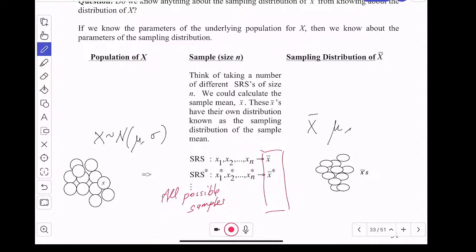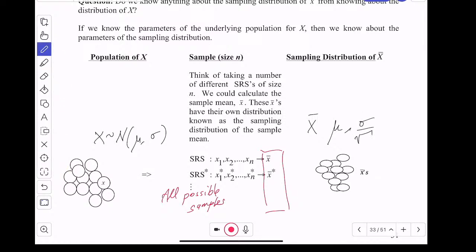However, they won't be as spread out as the original values, because each of them is going to be closer to the mean than the overall numbers. Because they're closer to the overall mean, mu, that means they're closer together. So that will make their variance or standard deviation smaller.